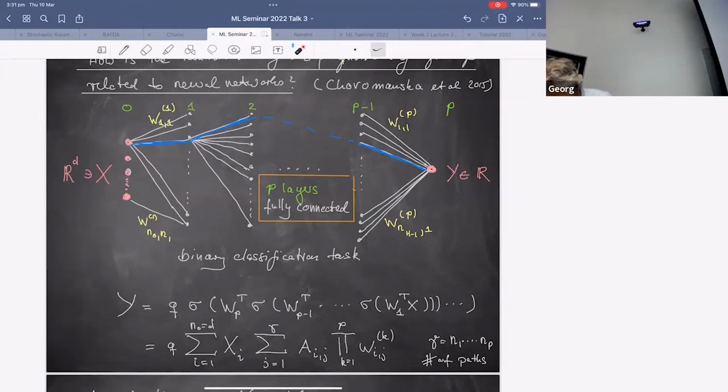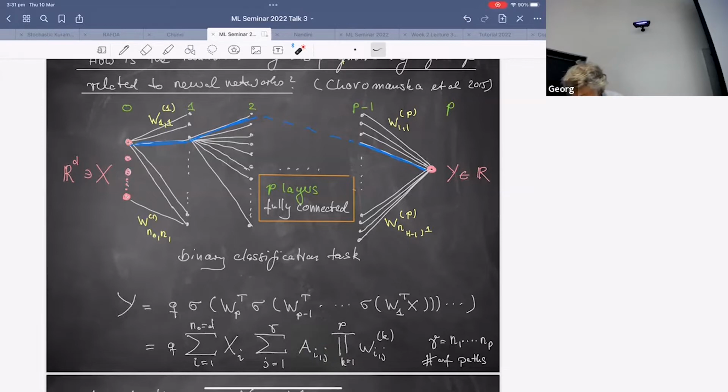And then for each of those paths, if at some stage the ReLU function is such that it will be 0, it will zero it out, that path doesn't contribute anymore, and I count that by A_ij equal to 0.